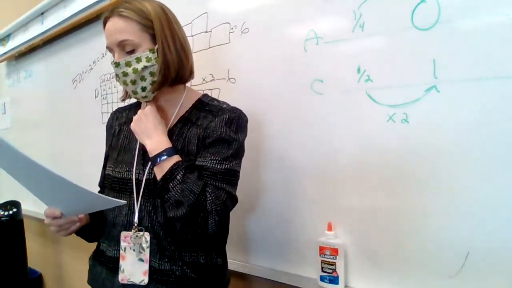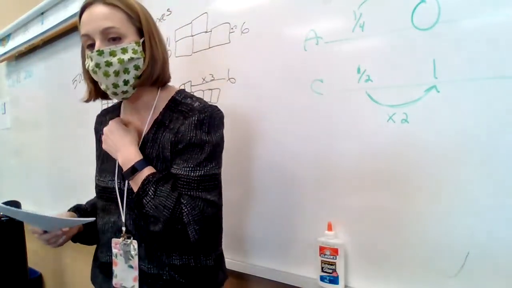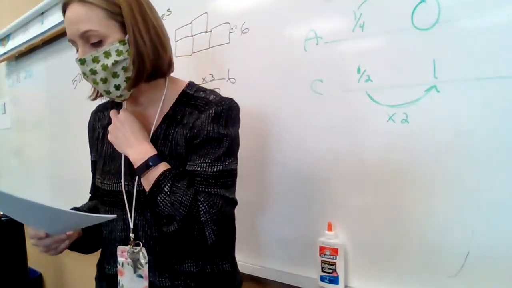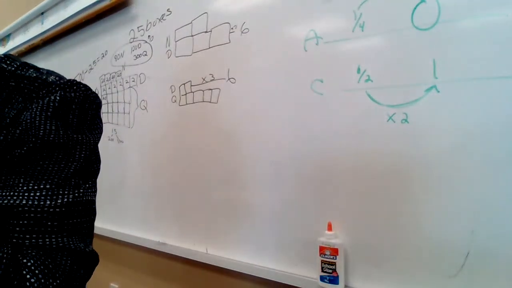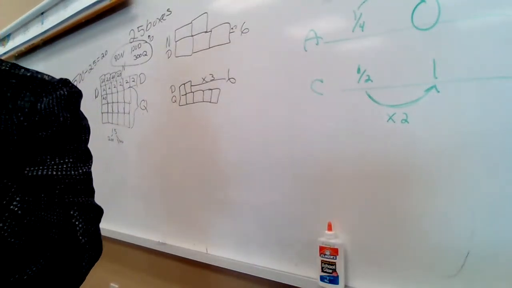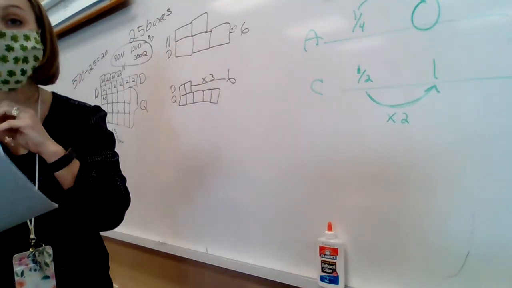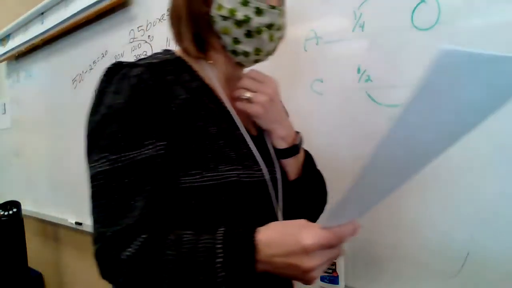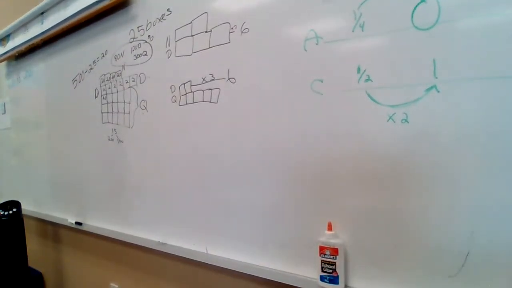Number 6, 24 miles. 7 is 90 words. 8 is 91 laps. 9 is 240 boxes. 10 is 5. 11 is 8. 12 is 36.